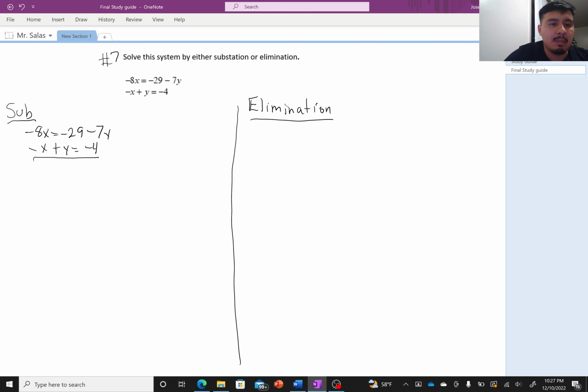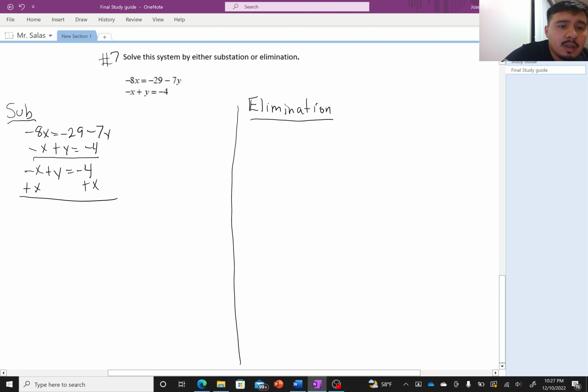Let me just show you what I mean. So I have negative x plus y is equal to negative 4. Whoops, this looks ugly. I can't deal with this. Negative 4. I'm going to do plus x on both sides, plus x. The x cancels out. I get y is equal to negative 4 plus x.